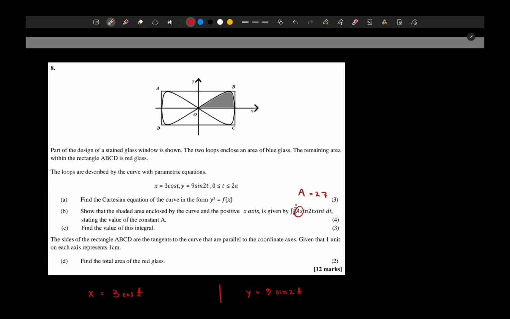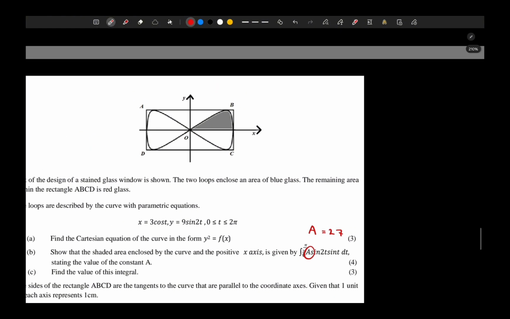Moving on to the next question. The sides of the rectangle ABCD are tangents to the curve that are parallel to the coordinate axis. Now find the total area of the red glass. So this loop represents the blue glass, and this region represents the red glass.